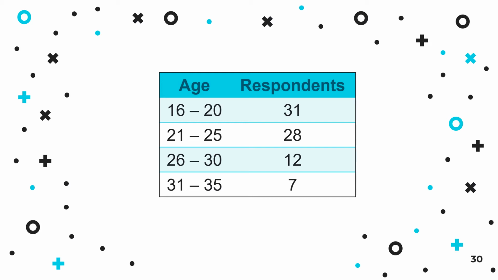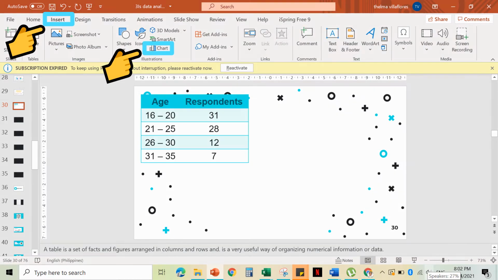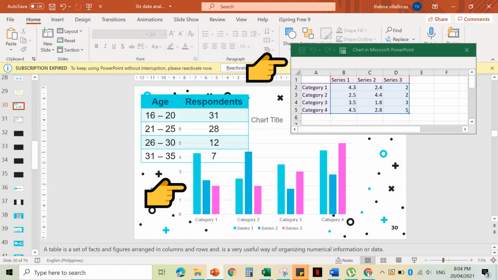Now, if you have this information from a table, you can now create a graph or a chart from this given information. So all you have to do is to click insert, and after clicking insert, you can choose chart. After choosing chart, right away, it will flash a Microsoft Excel worksheet, okay, which contains information.